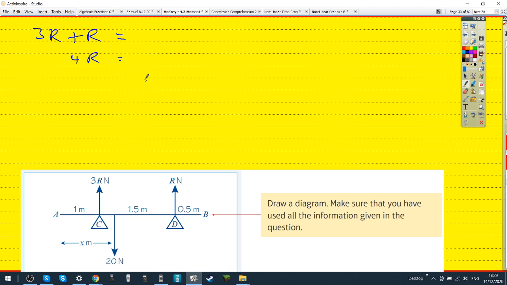Total reaction is equal to total downward force. So it's equal to 20. Yep. So r equals 5. So R is 5. Okay, so that's 5, that's 15.